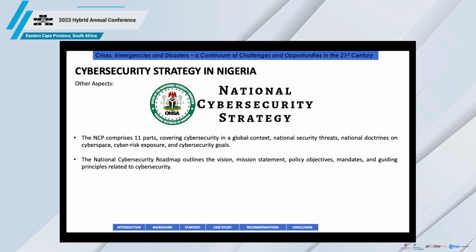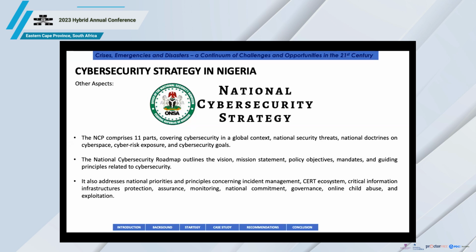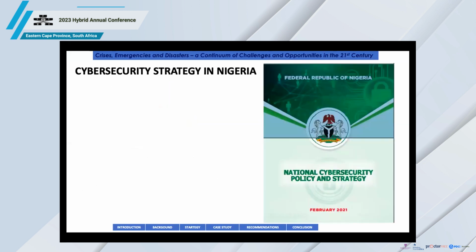This also has other mandates that are guiding the principles of cybersecurity, and also introduces the main arms of the government in terms of cybersecurity protection, like the NG-CERT that we mentioned, like the protection capabilities of your nuclear plants, electric grids, and so on. And this also applies in terms of online usage, which protects against online child abuse and also exploitation. So this is a preview of the document.